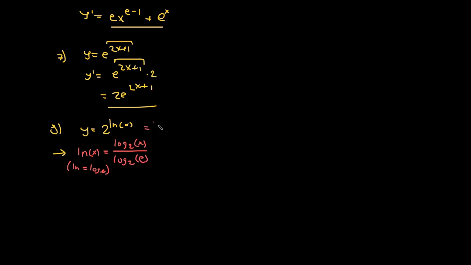Alright, so I'll plug that in, so that becomes 2 to the log base 2 of x times 1 over log base 2 of e. And now I can actually say, because these two are technically multiplied together, I can say that this is log base 2 of e, right? All that to the power of, or rather 1 divided by.